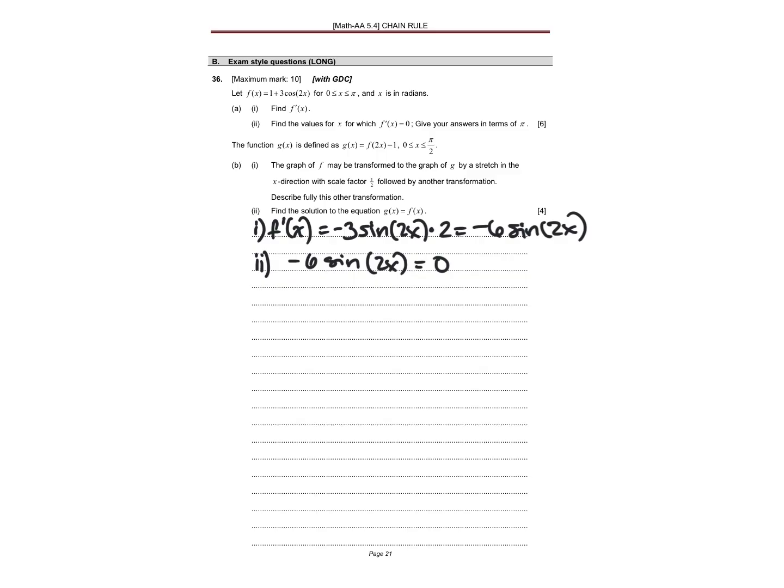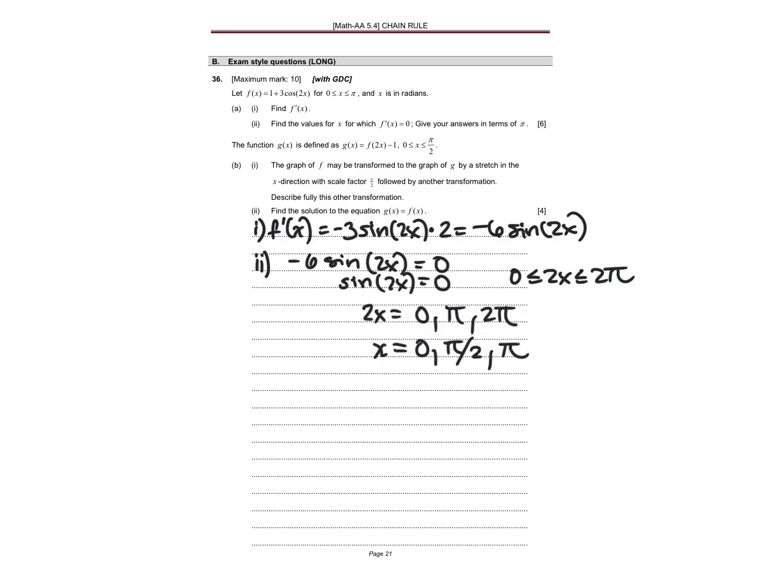Divide by negative 6, it's still 0. Then sine 2x is 0. Change the domain. And then sine is 0 at 0, pi, 2 pi. And then we have 0, pi over 2, and pi for part (b).